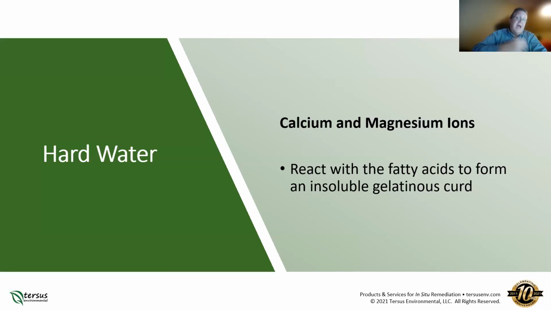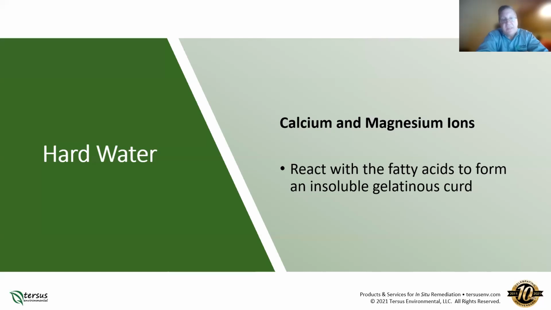And then perhaps we have a system where we may have some hard water. Hard water contains salts of calcium and magnesium, principally as bicarbonates, chlorides, or sulfates. You may also have ferrous iron present.